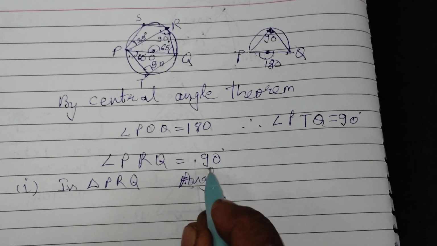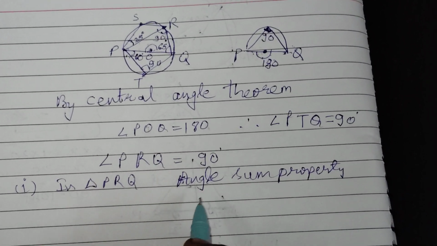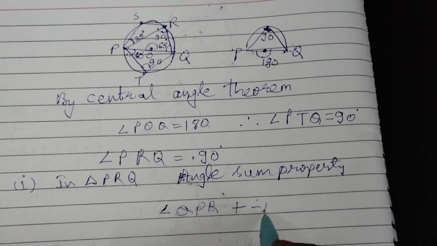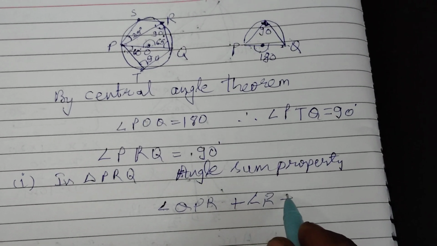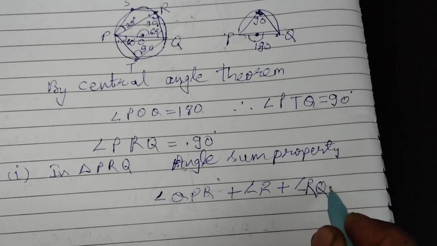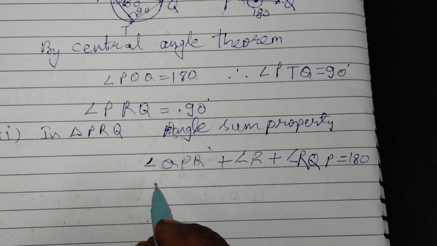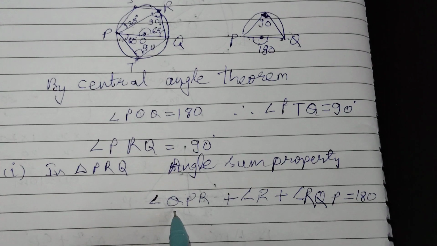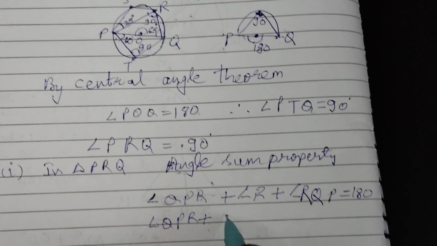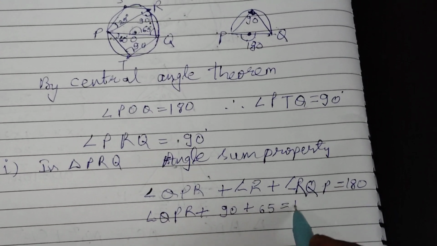Angle QPR plus angle R plus angle RQP equals 180 degrees. So angle QPR plus 90 degrees plus 65 equals 180.